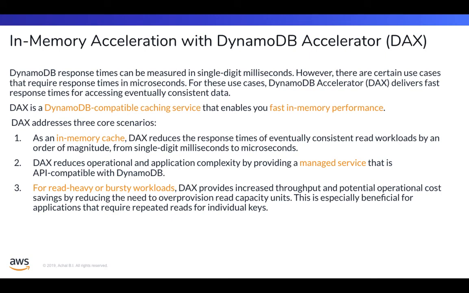So let's say you have a requirement where, though the DynamoDB table provides you with single digit millisecond latency, you are looking for, let's say, microsecond latency, and you have an application that is read intensive or read heavy.